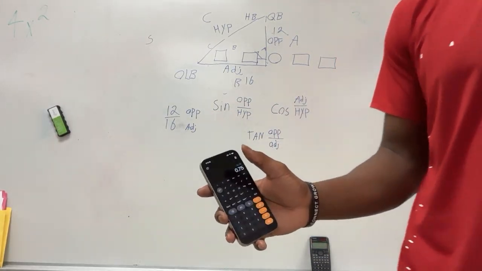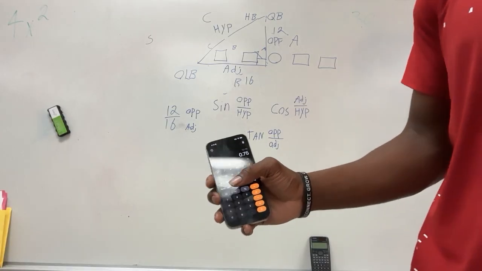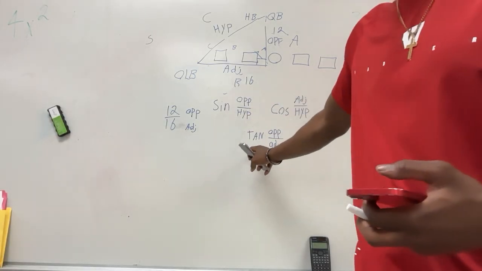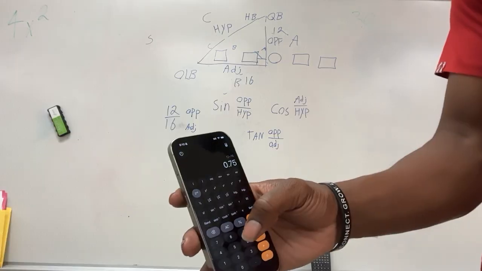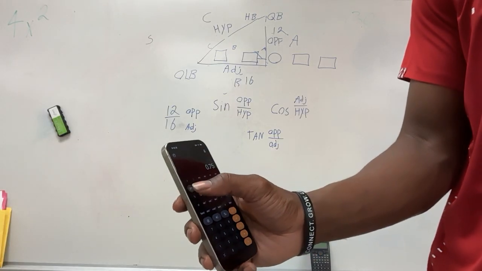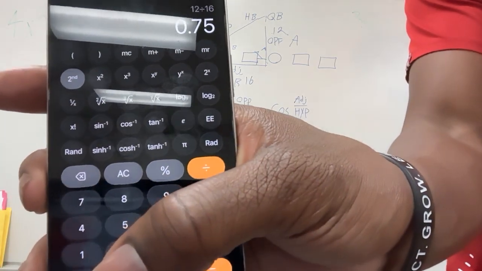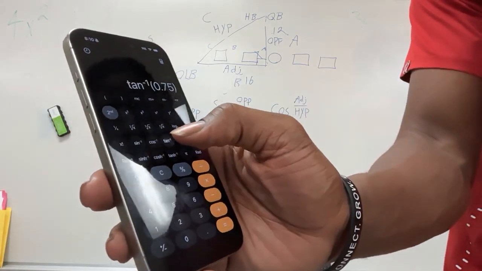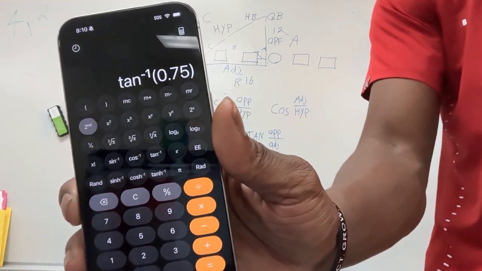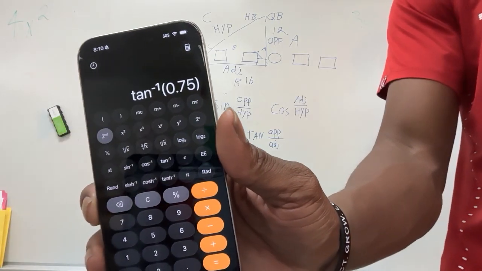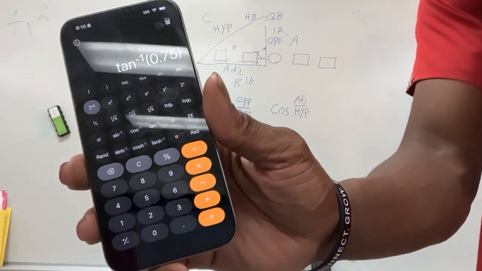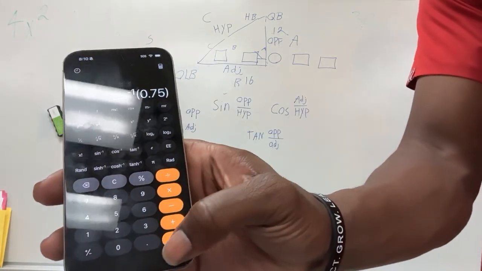So we know we're here at 0.75, but since we already divided first, we know it's tangent. I'm not gonna take this. I'm gonna press second, and then we're gonna press tangent. So everything should line up just like this. And now, last thing, press equal.